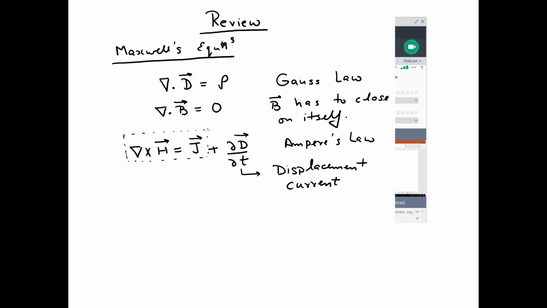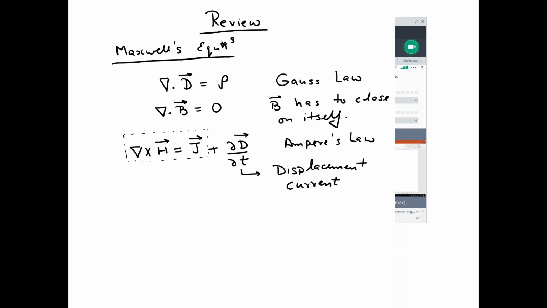Del D by del T was the term which Maxwell introduced. He said that as Ampere's law stood, del cross H is equal to J, that did not work well with the charge continuity equation. Del cross H equal to J means that there should not be any divergence of current ever created. Del dot J should always be equal to 0. There should never be any divergence of the current, which we know is not true.